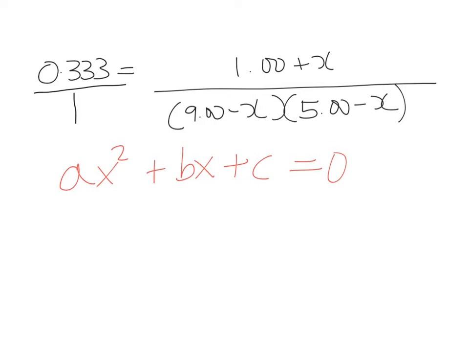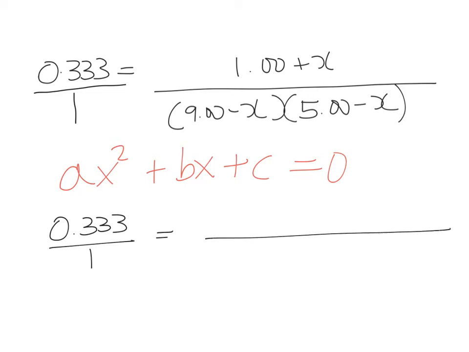So I'm going to write 0.333 over 1 equals 1.00 plus x. And the first thing I'm going to do is multiply the 9 and the 5. And that gives me 45.0.